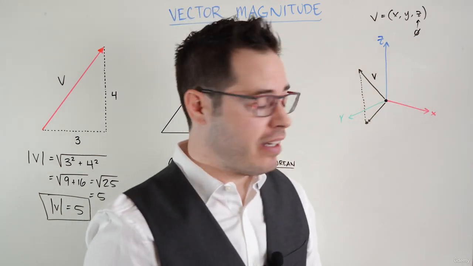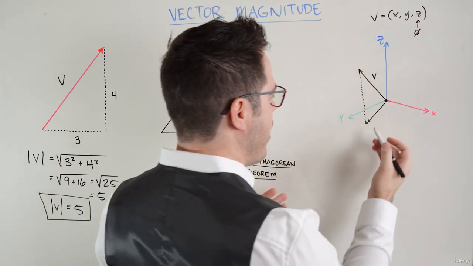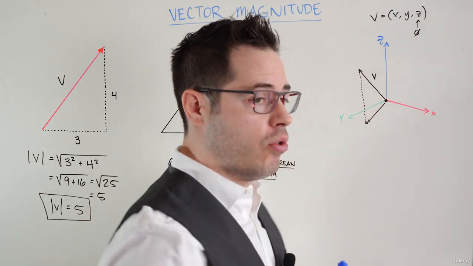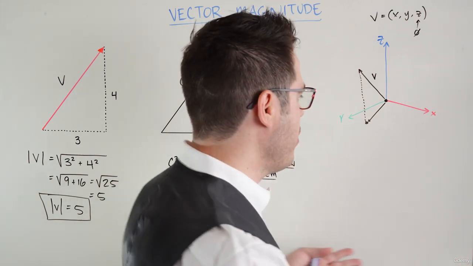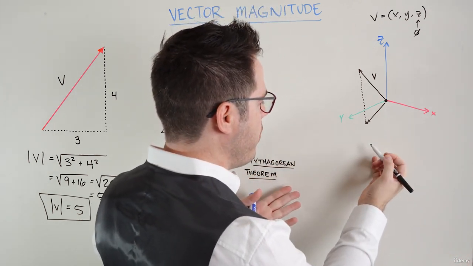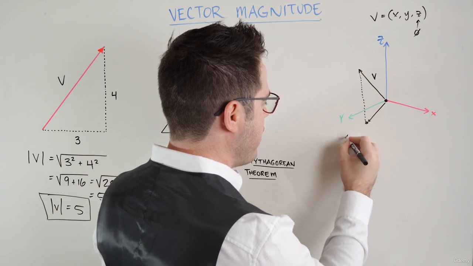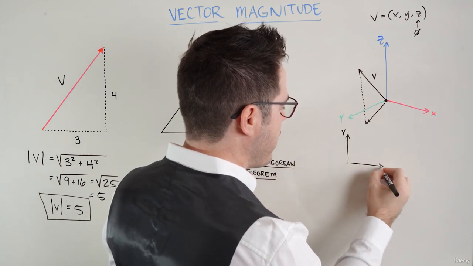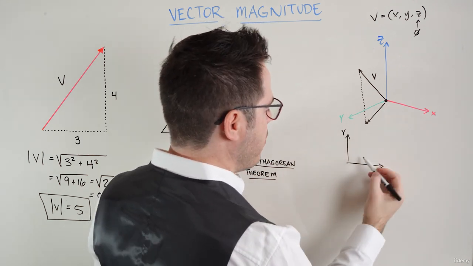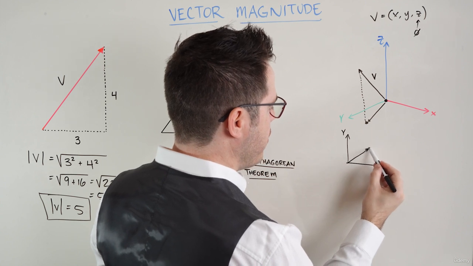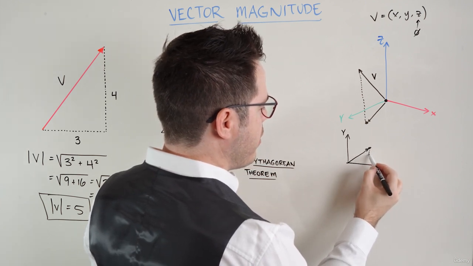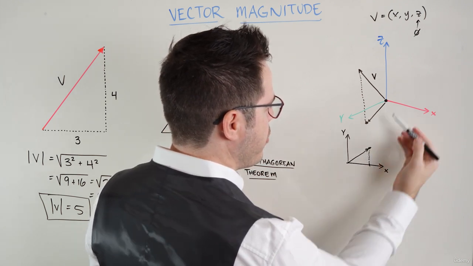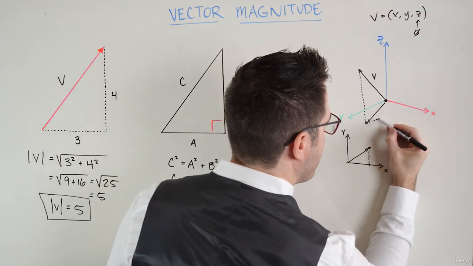We'll set that z to 0. And now we have this vector, which if we only consider the x and y, we now have a 2-dimensional problem. Now, if I draw the y-axis, and I draw the x-axis, and I draw this vector, this now 2-dimensional vector, I can draw a dotted line down to the x-axis, which in 3 dimensions would be this line here.